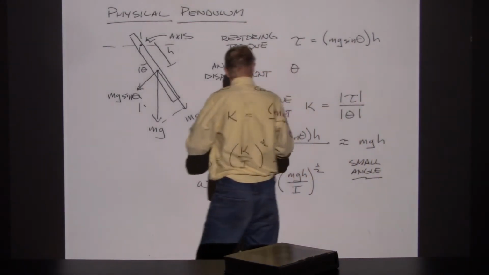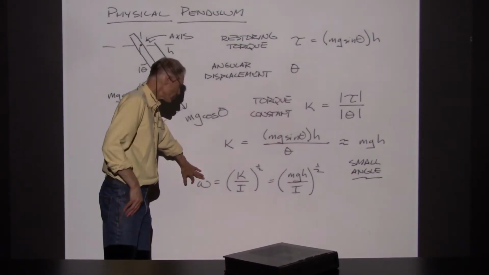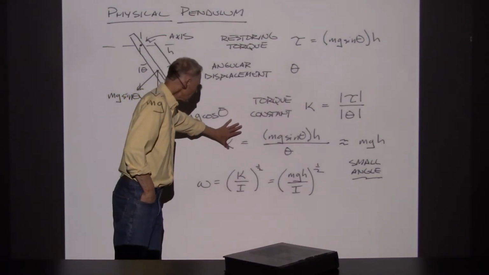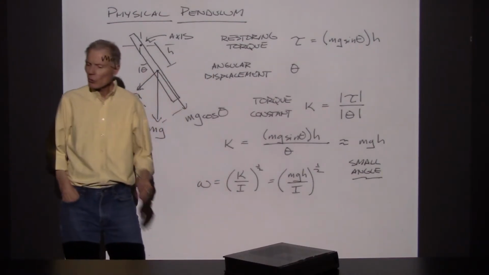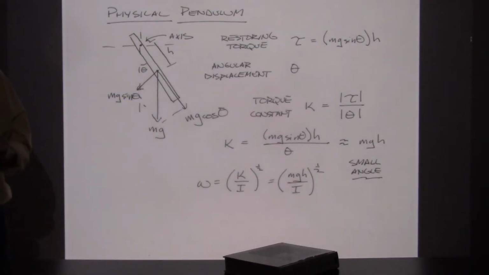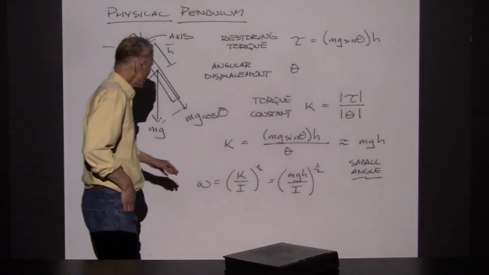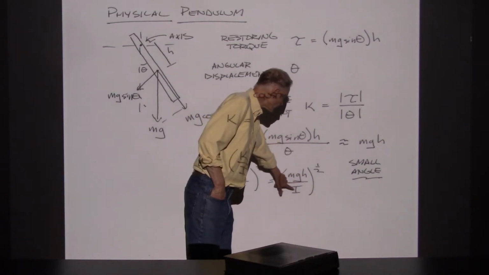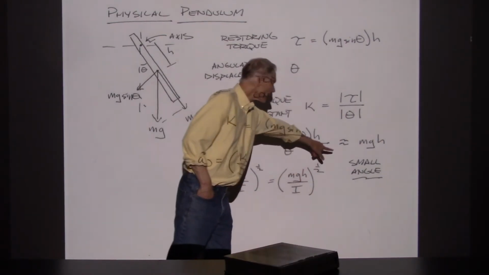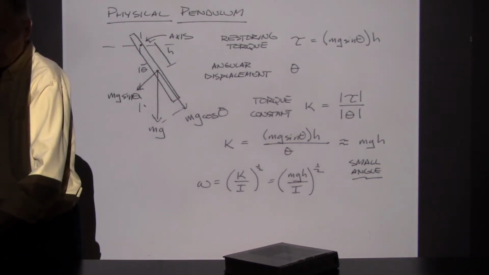Now, to further move along this analogy, the frequency of oscillations we can show is given by the square root of the torque constant divided by the rotational inertia. So we're using the very same formulas, except all the linear quantities have been replaced with rotational quantities. That tells us that the frequency of oscillations will be the square root of mgh divided by I, and we have to stick with a small angle. That's the agreement. So that's the formula that is going to work.